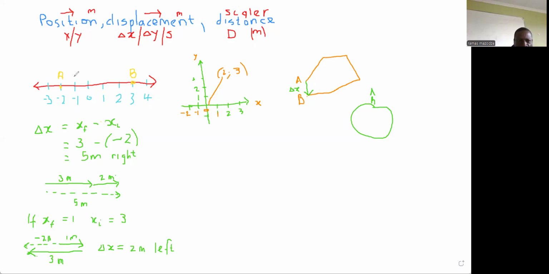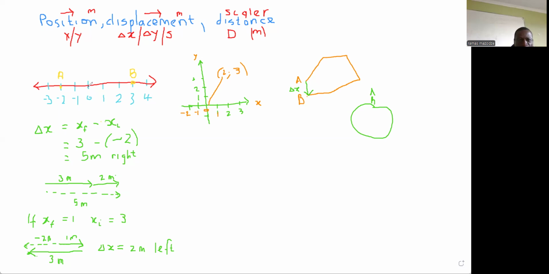Right? I hope you get the logic there. So this is the formula that we use only for one-dimensional motion. Only when we are dealing with one-dimensional motion. Right? And you bear in mind in this case, the point of reference for the position is this one, the 0 point.